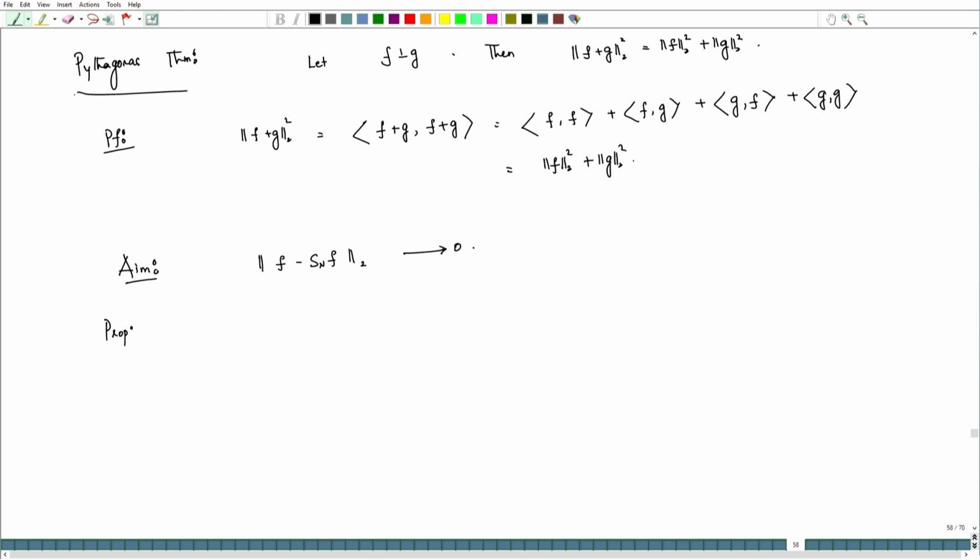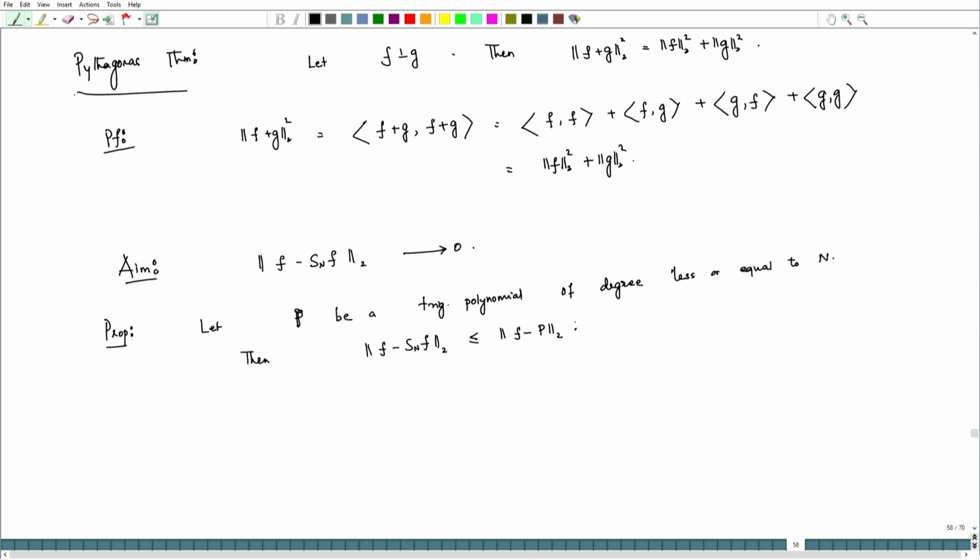So that is our main observation. This is a proposition: let p be a trigonometric polynomial of degree less or equal to n, then the norm of f minus S_n f is less or equal to the norm of f minus p.